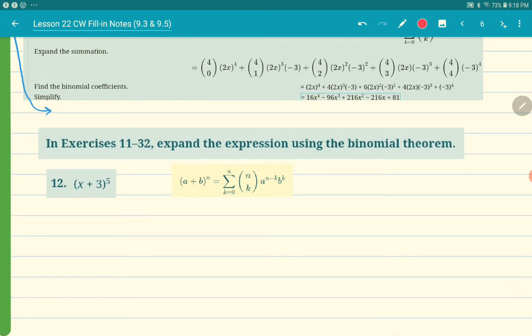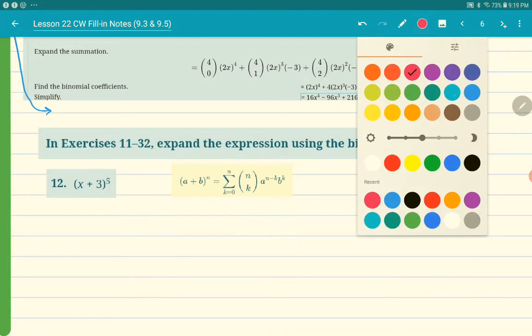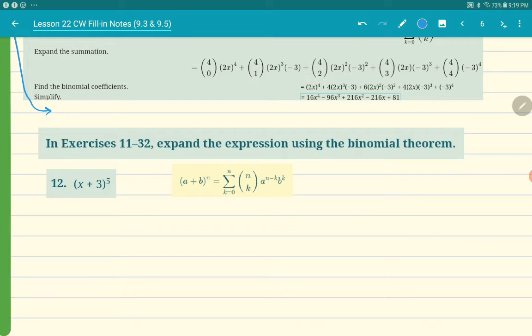Okay, so when I expand this, first thing I do is think, how many terms am I going to have? So I'm going to draw a blank for each term. This is really a sum of all of these things. So the sum going from 0 to n means I'm going to have n plus 1 terms, and my n here is a 5.